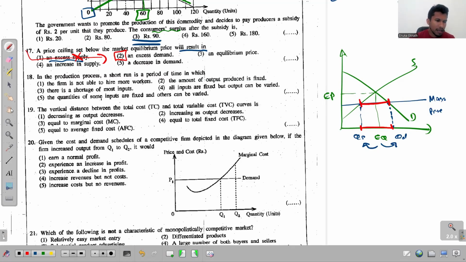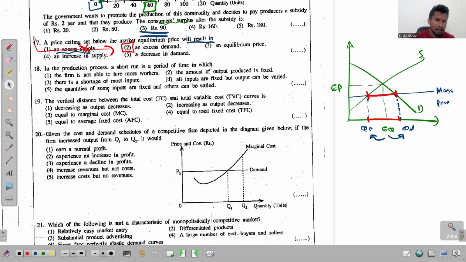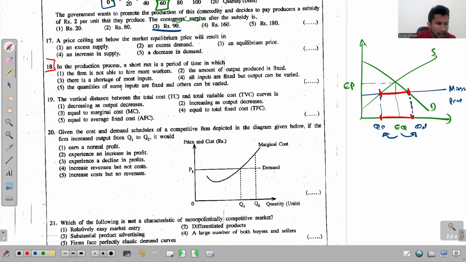This is easy. Right. Look at this 18th question. In the 18th question, it says, in the production process, a short run is a period of time in which, all right, okay. So this is not a calendar year. මේ අවුරුද්දකට අච්චරයි මෙච්චරයි එහෙම මාස මෙච්චරයි, that's not the short run. Short run is a period where the business firm, the production firm, is operating with at least one fixed factor of input, right?